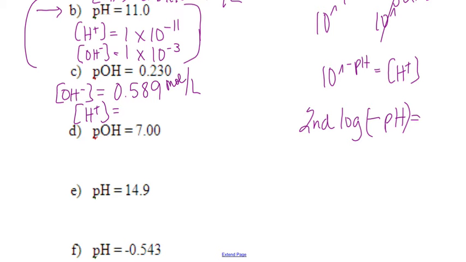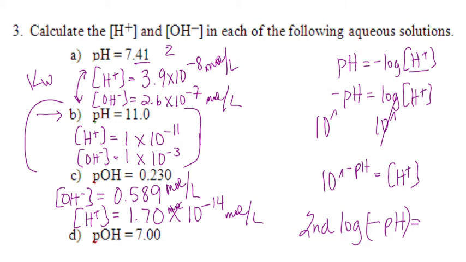It's going to be really small. 1.70 times 10 to the negative 14th moles per liter. Okay? So y'all comfortable with how to get to and from pH and pOH and H plus and OH minus? That's very much a Chem 1 skill, so that's why I'm kind of flying through it. Okay? All right, let's move on to the next definition.